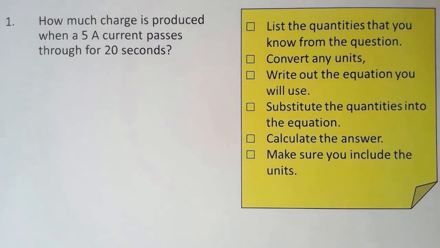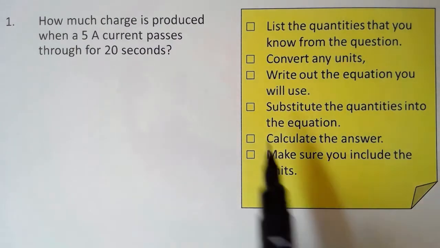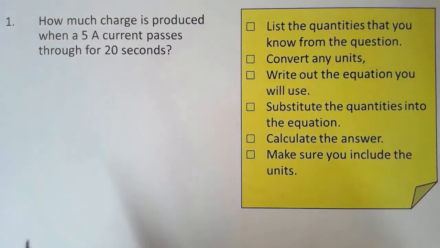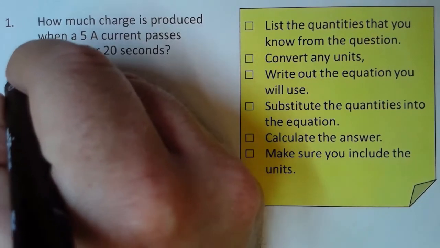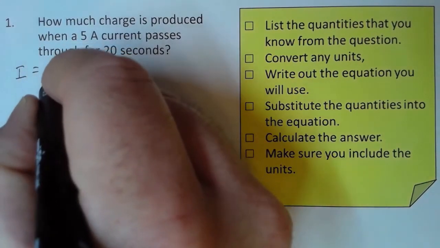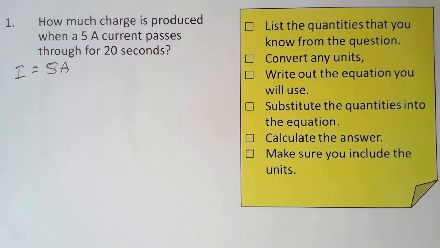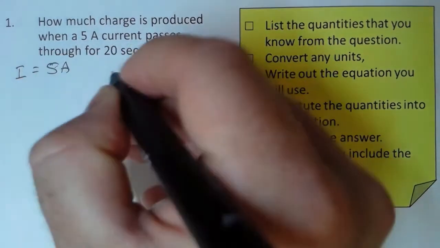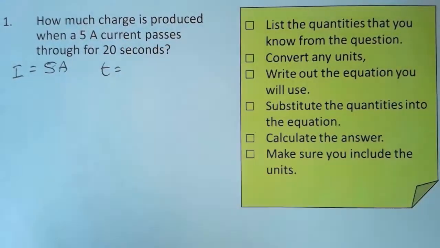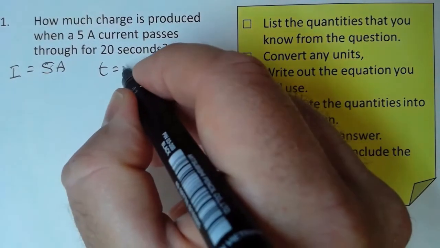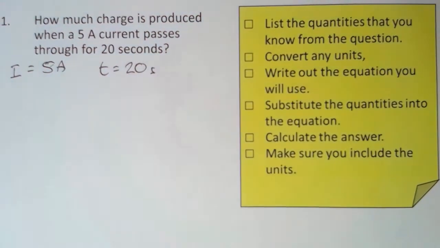Okay, so the first thing that you do is you would list the quantities that you know from the equation. Okay, so the current, I, is equal to 5 amps. And we also have there the time, which is equal to 20 seconds.